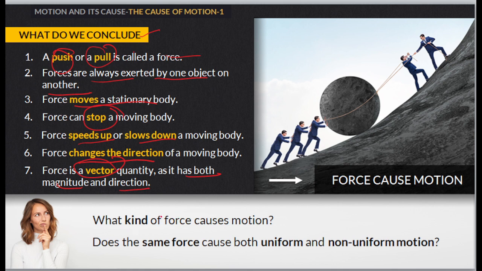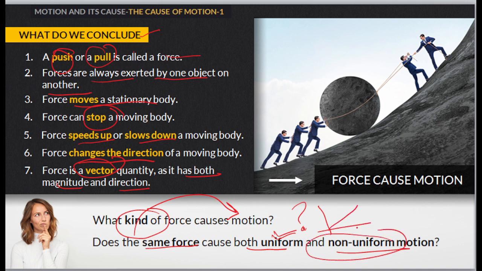Now, what kind of force causes motion? Do all kinds of force cause motion? This is the question that must be arising in your mind. Does the same force cause both uniform and non-uniform motion? We know in case of uniform motion, the object covers equal distance in equal intervals of time, and the graph is a straight line.